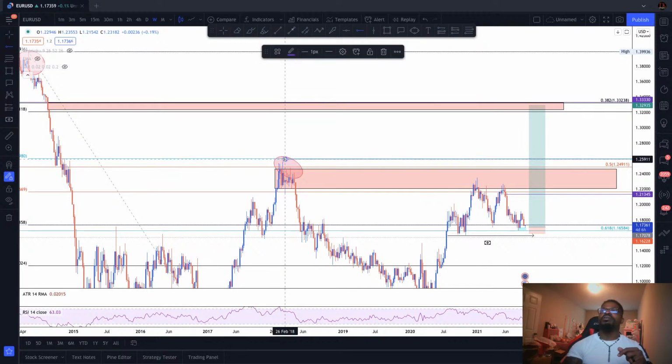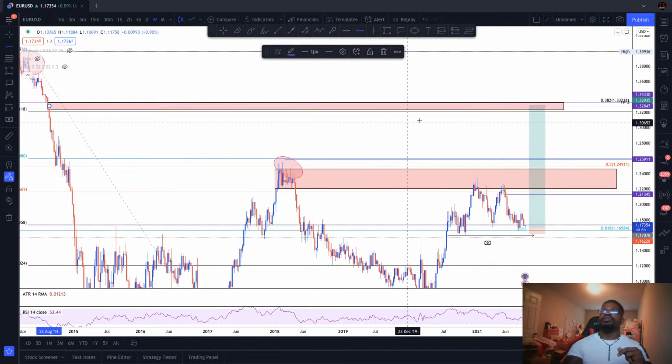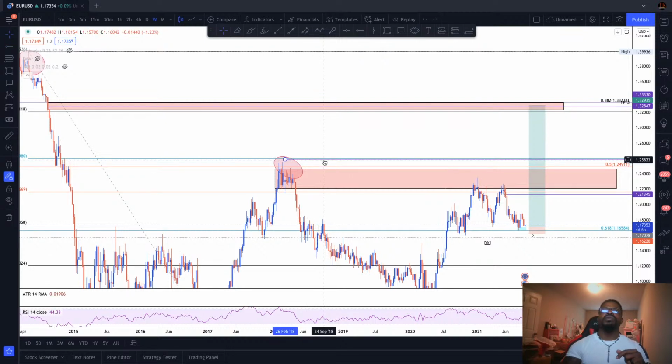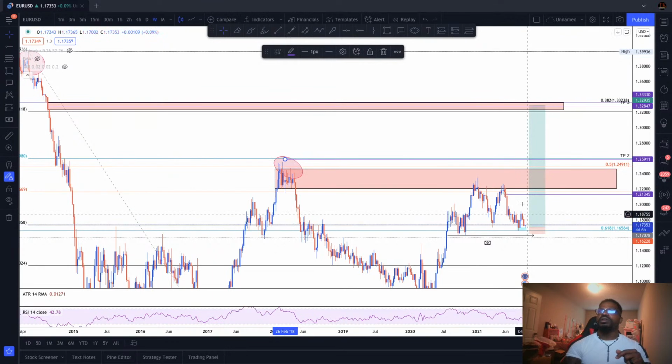So we'll put TP2 here, and TP3 will fall right on that candle that we just used to identify the final target area. Alright. TP2. TP1.